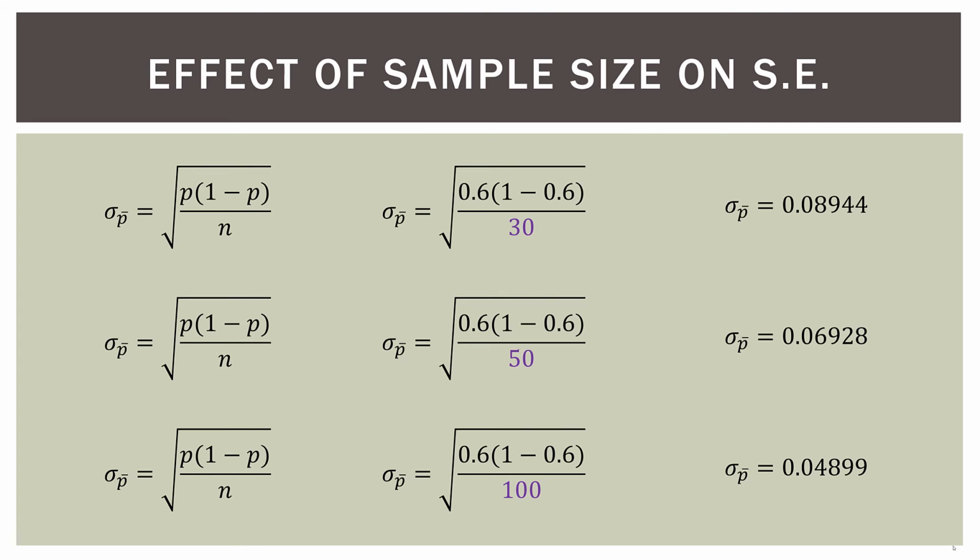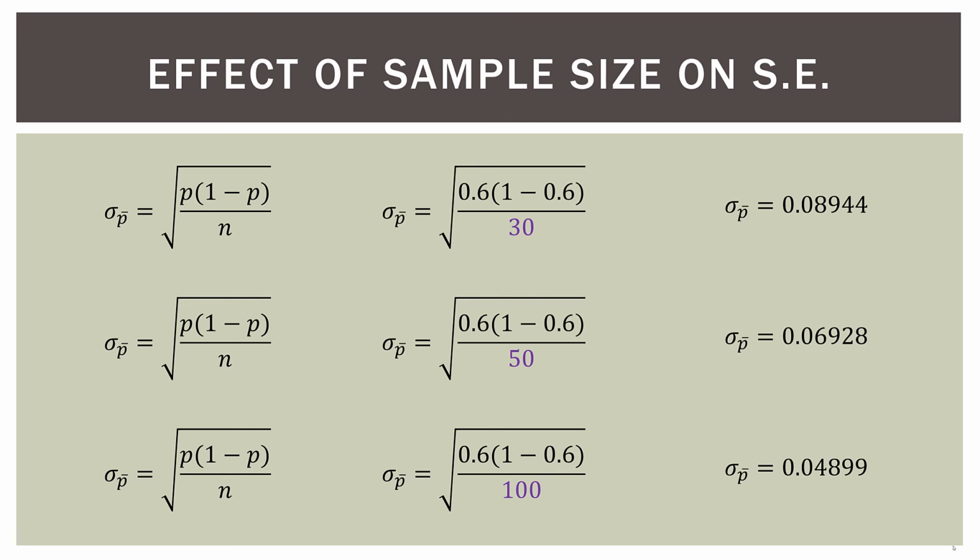So as we increase the sample size for each sample, the standard error decreases. It narrows. So remember, comparing what we did before, where we just took more samples, each of the same size, 30, whereas here we're taking larger samples each time, 30, 50, and then 100. So if you want to decrease the standard error, the secret is to increase the sample size a bit, 30 to 50 to 100.